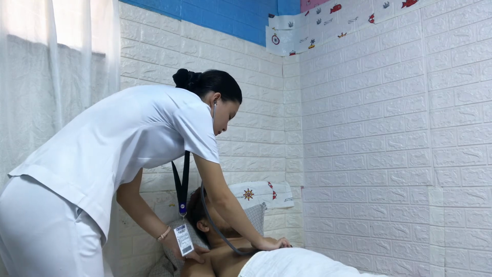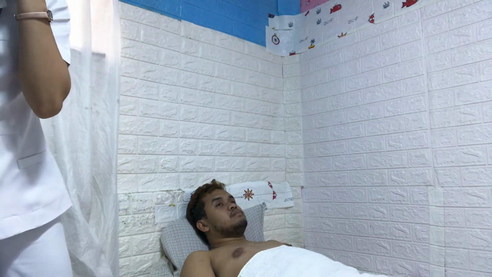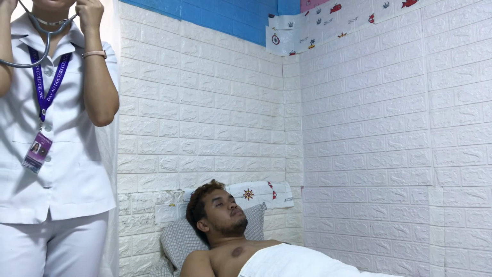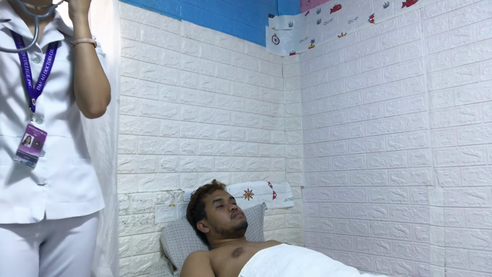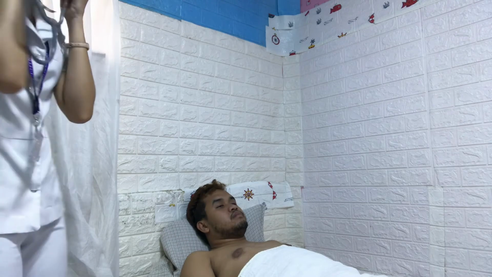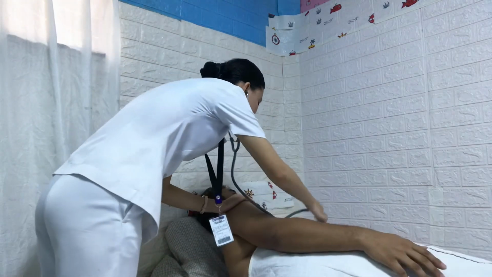Alright, we have to repeat the preceding step while the patient is in the lateral position, then sitting and leaning forward and briefly stopping breathing after exhalation. So can you roll to the lateral? Yes, that's right.